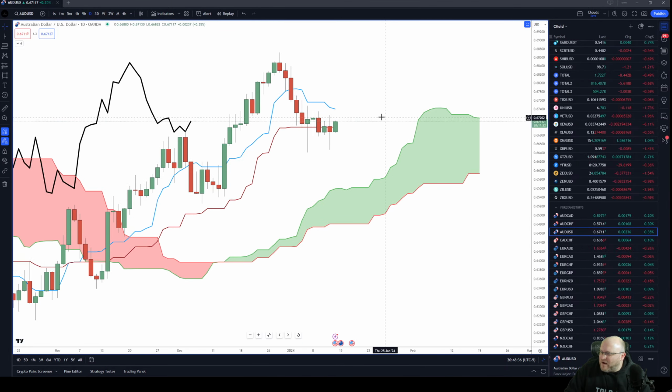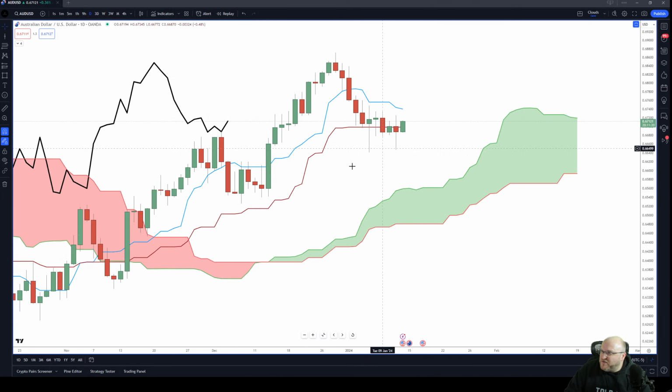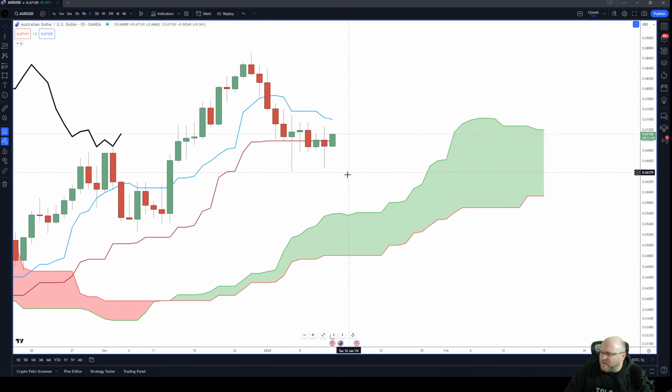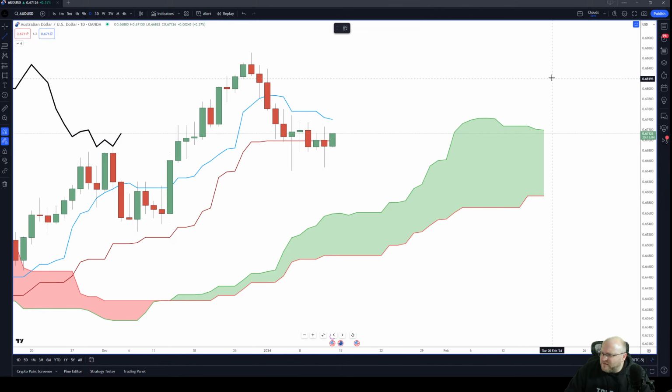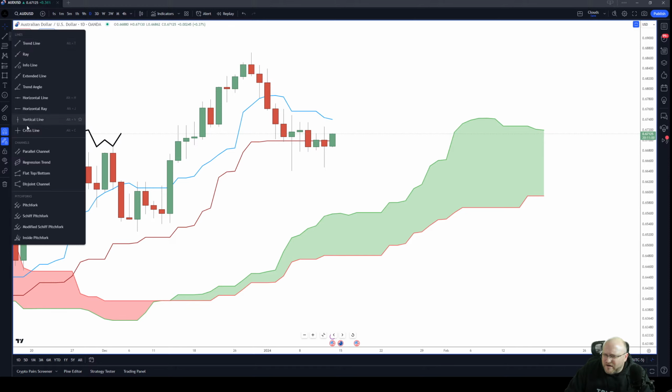And I want to just kind of show you how the cloud is constructed quick. So this green line, this is Senkou Span A up here. All right. So if I take a little arrow, maybe. Oh wait, because I thought TradingView added an arrow thing.